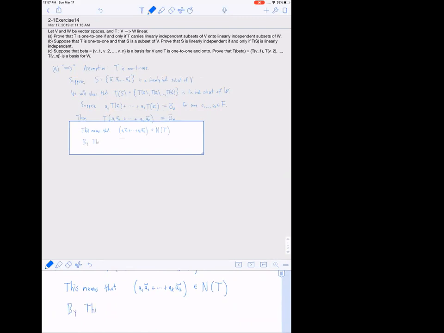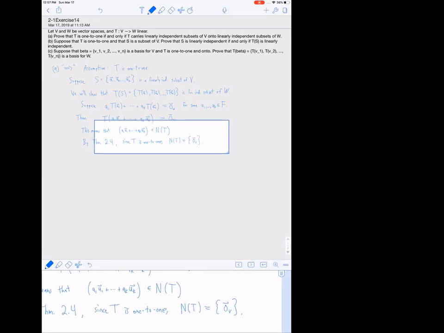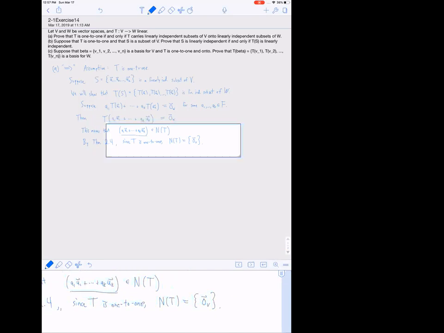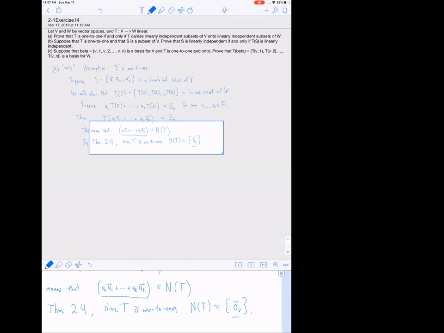By theorem 2.4, since T is 1 to 1, the null space of T consists of only the 0 vector from V. So what we know now is that we have a vector from the null space, but there's only one vector in the null space. So this vector here must be that 0 vector.